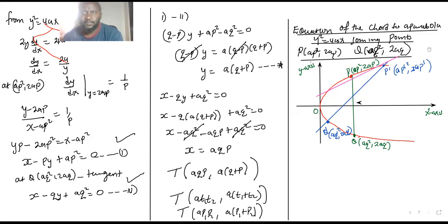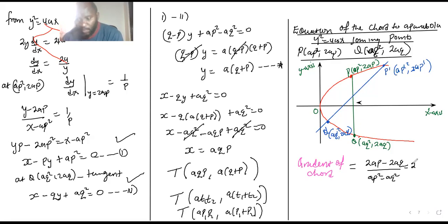So with that, let's see what this one is made of. Now, to start with, get the gradient of the chord. The gradient of the chord is going to be 2ap minus 2aq divided by ap squared minus aq squared.